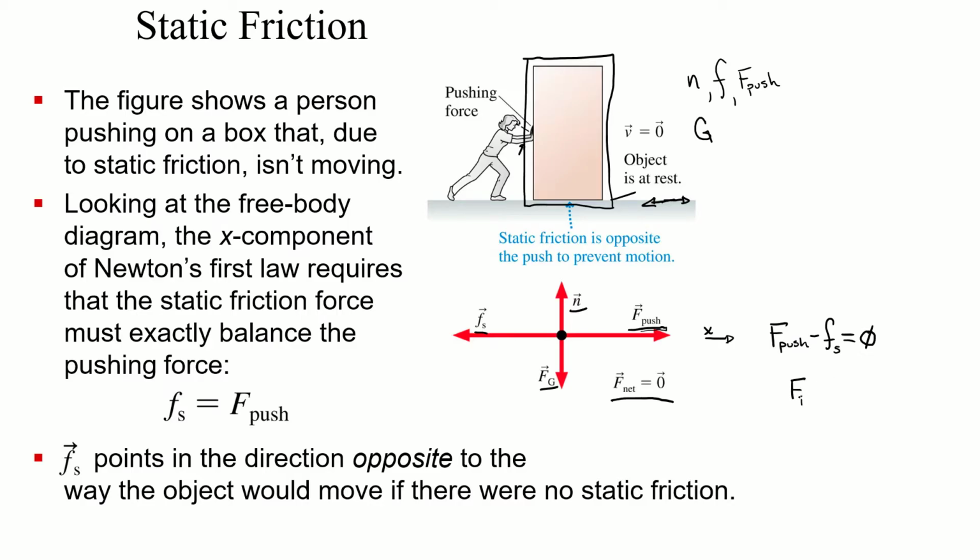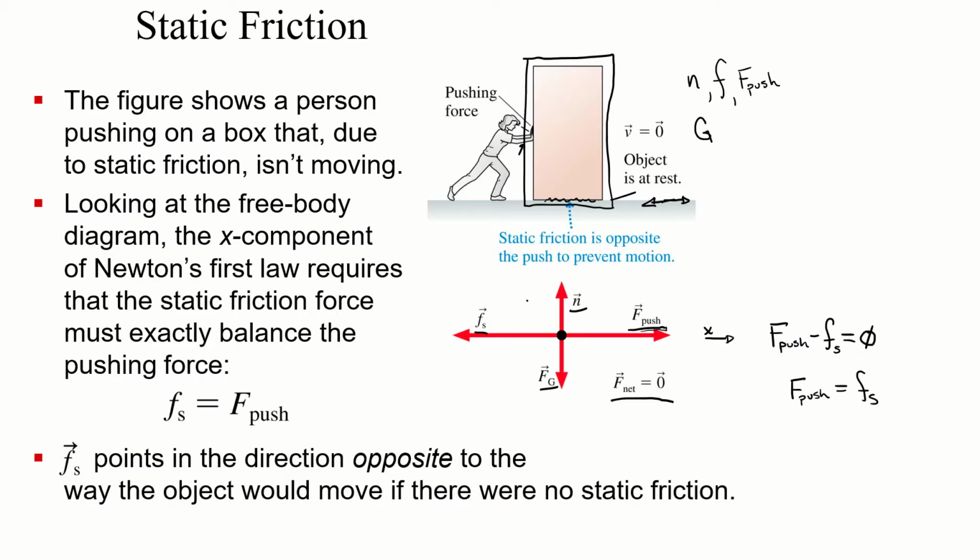We know that the magnitudes of the push and static friction have to be equal. So essentially what you think about is that this force of static friction between the surface and the box has a magnitude of whatever it needs to be to keep that object from sliding, to keep those surfaces static with each other.